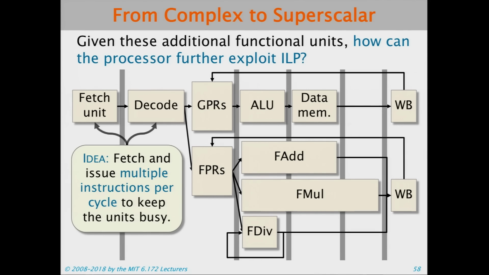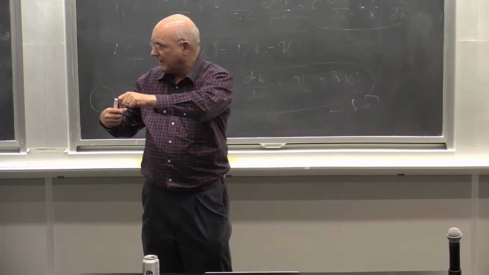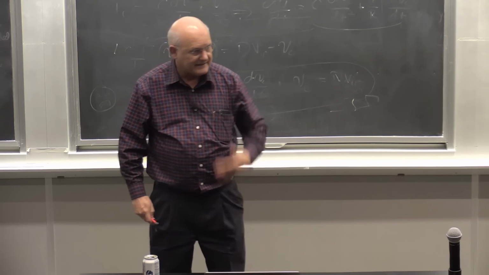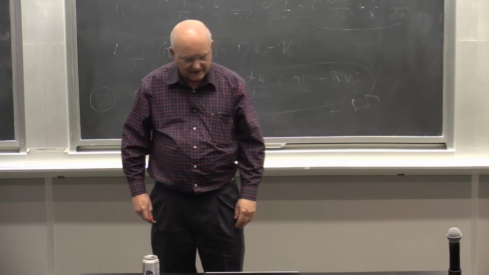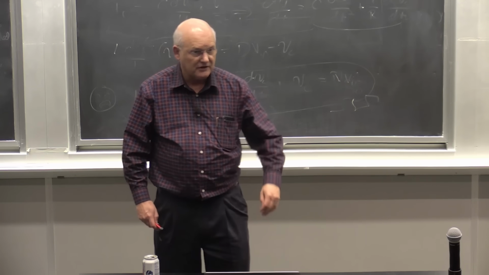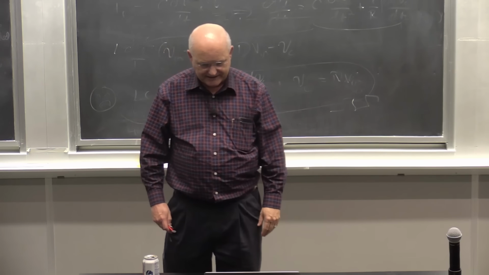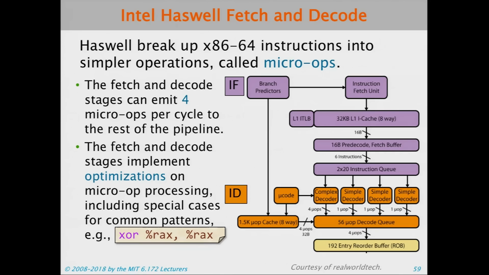Rather than just doing one per cycle, as we showed with a typical pipeline processor, let me fetch several that use different parts of the processor pipeline, because they're not going to interfere, to keep everything busy. That's basically what's called a superscalar processor, where it's not executing one thing at a time, it's executing multiple things at a time. Haswell, in fact, breaks up the instructions into simpler operations called micro-ops, and they can emit 4 micro-ops per cycle to the rest of the pipeline.